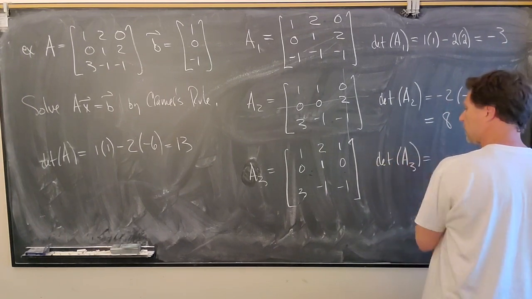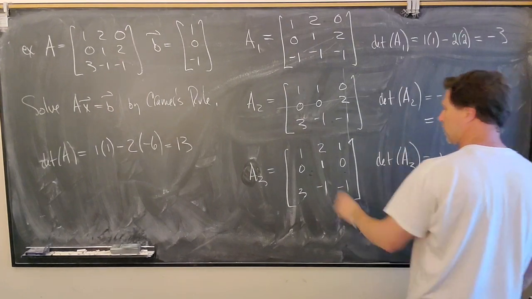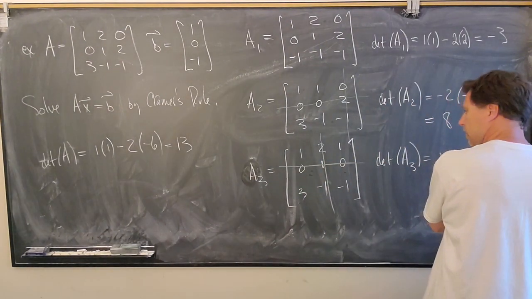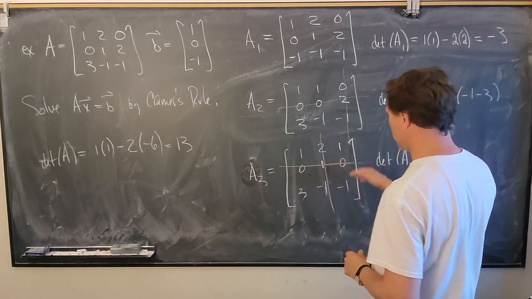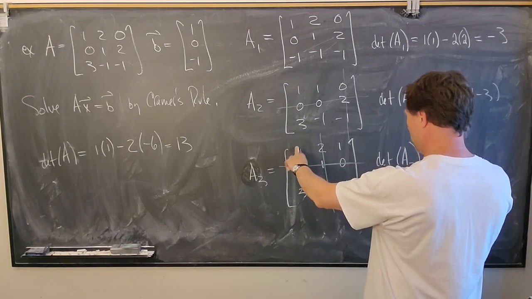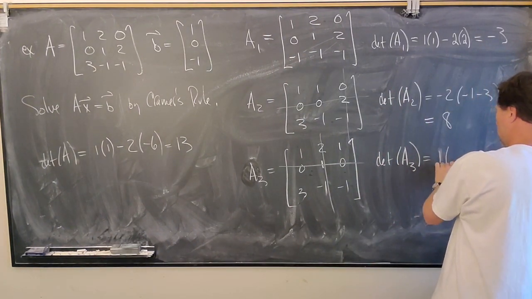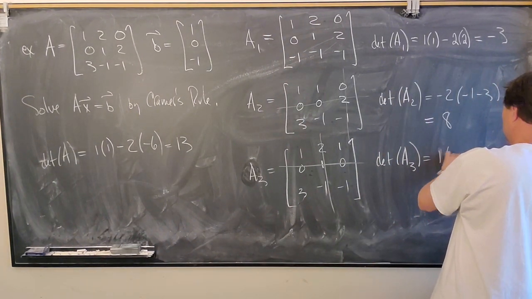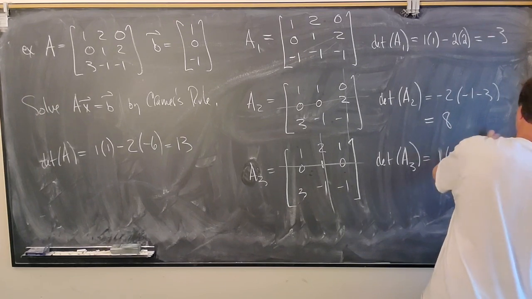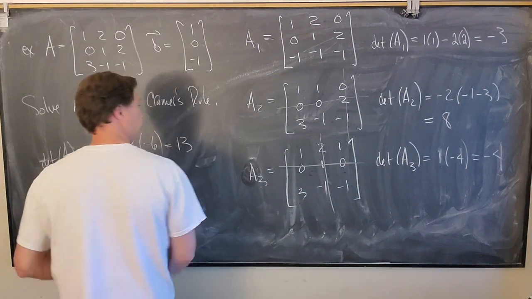The determinant of A3 is going to be 1 times the determinant of the matrix I get by deleting the second row and the second column, so that will be a negative 1 minus 3. So that'll be a 1 times negative 4, minus 4. All right.